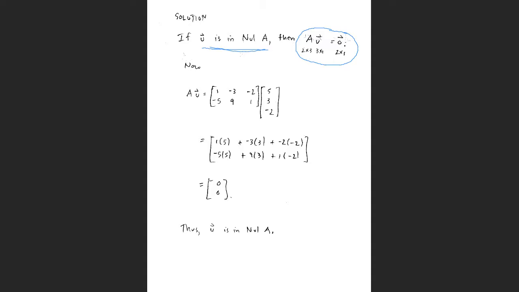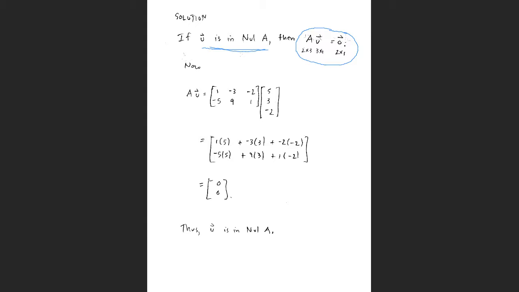You pre-multiply the vector U by this matrix A, and it maps the vector U into the 0 vector. Okay, that's the definition of what a null space is.